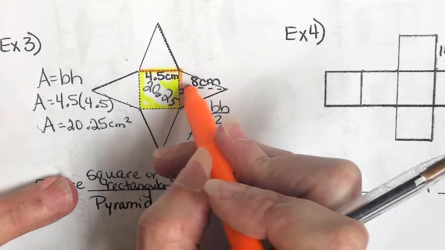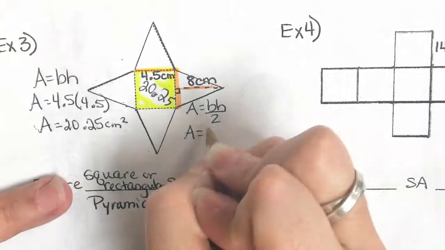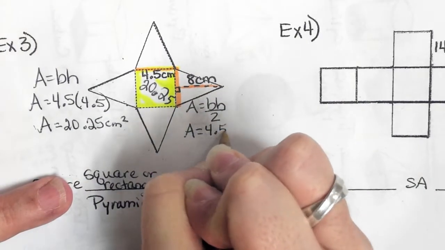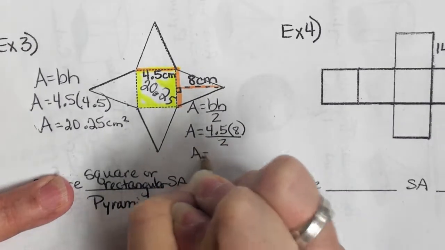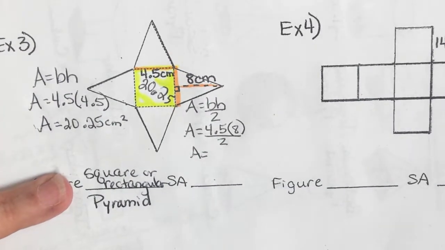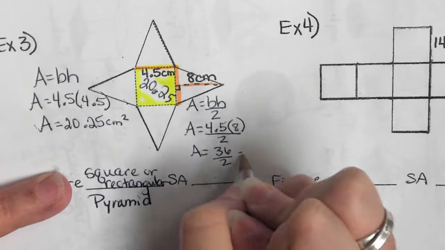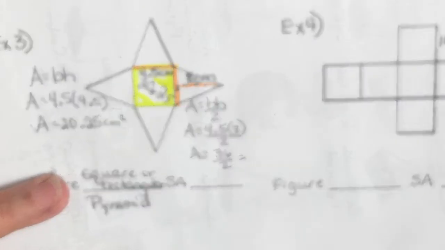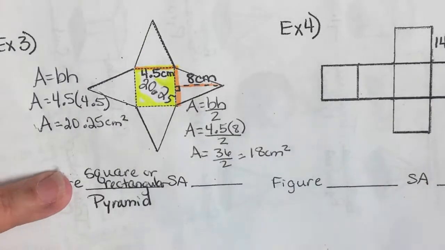The height is right here, which is 8. So it is going to be a 4.5 times 8 divided by 2. It's 18.